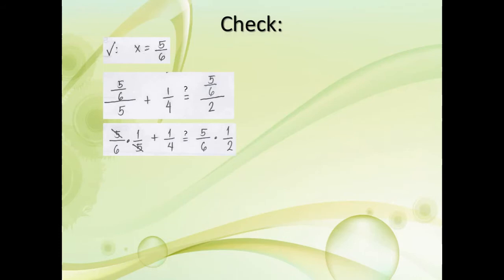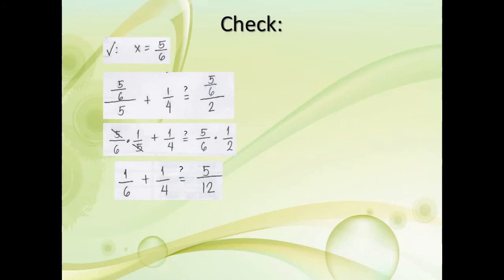Is it equal to 5 over 6 multiplied by the reciprocal of 2, which is 1/2? So you're going to cancel 5 since it is common to numerator and denominator, which results to 1 over 6 plus 1/4. Is it equal to 5 over 12?